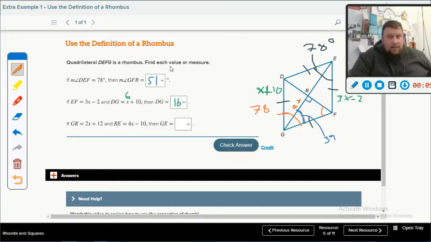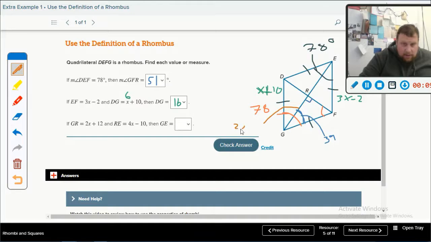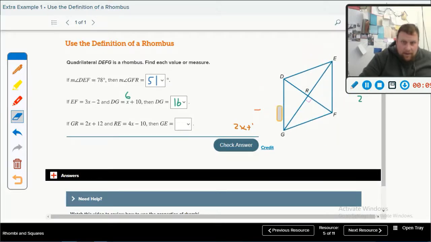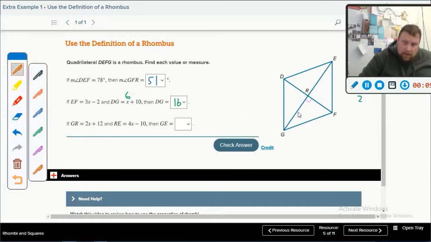I'm going to erase that. So I know this line right here is 2x plus 12. In fact, let me do this. Let's just erase all this extra stuff so we can have it out of our way. Then I can write it on the inside. Okay. Now I know that this line is 2x plus 12.